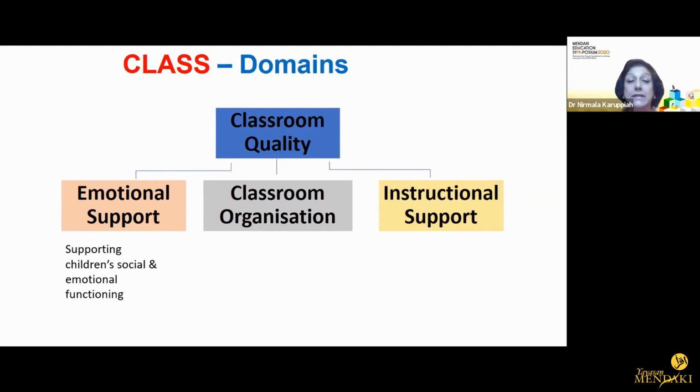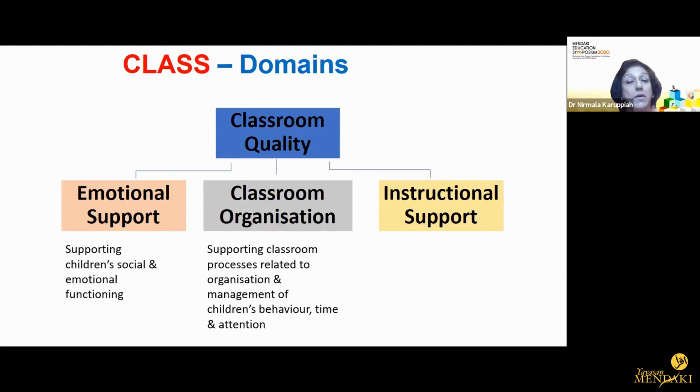For classroom organization, we are looking at how the teacher supports the classroom processes related to organization and management of children's behavior, time, and attention. And finally, in instructional support, we are looking at how teachers support children's cognitive and language development in the classroom.